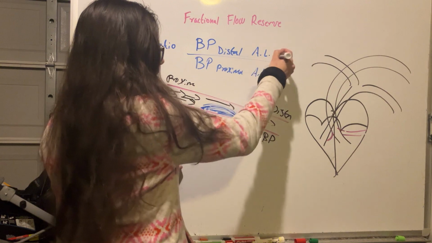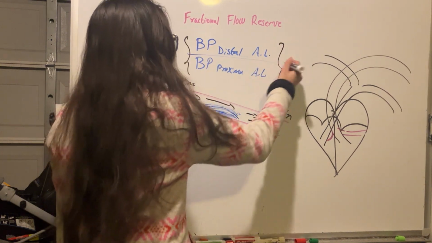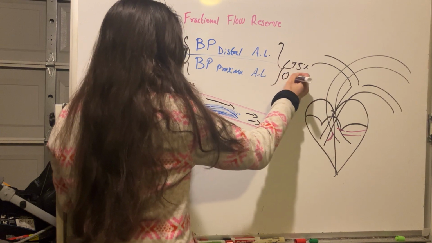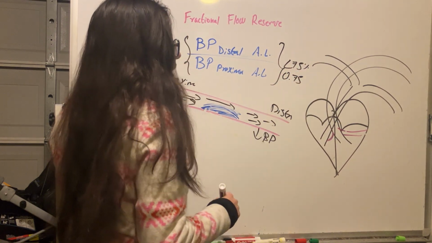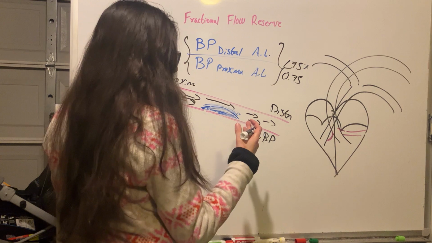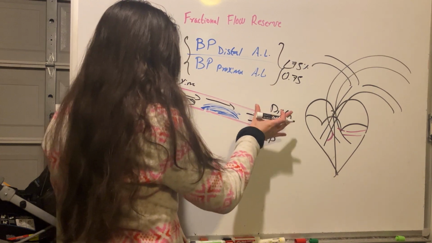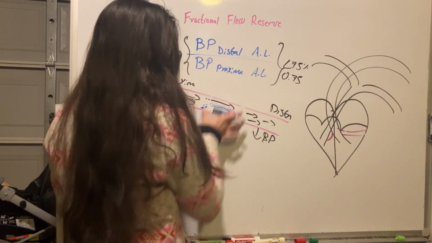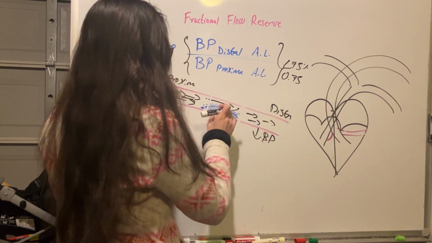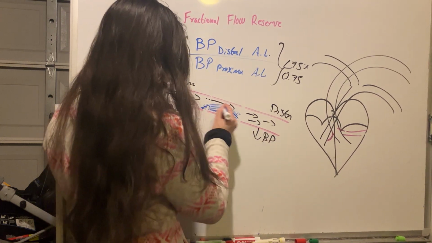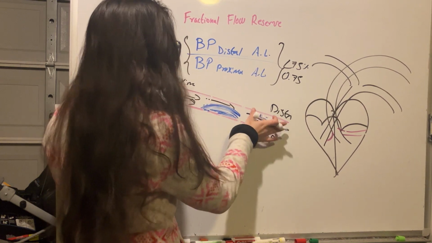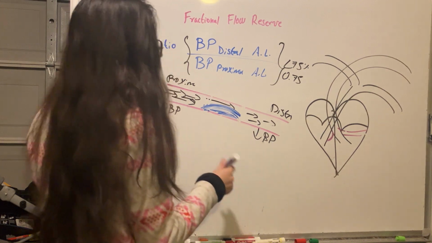So if this number is less than 75%, I mean less than 0.75, this means that we have a significant lesion. So blood pressure distal divided by blood pressure proximal to the atheromatous plaque is less than 0.75. This is a big atheromatous plaque that is significantly impairing the flow coming to the distal segment of the artery.